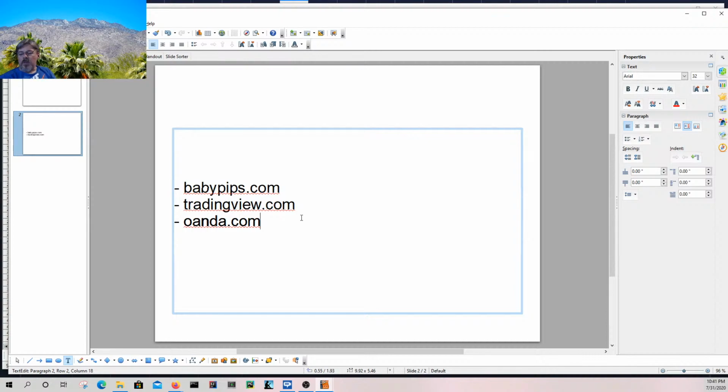And then you can use Oanda if you like, because these tools are very similar, and you can get a demo account there and track your progress, and actually keep statistics inside the site. So I'd recommend that you do that.